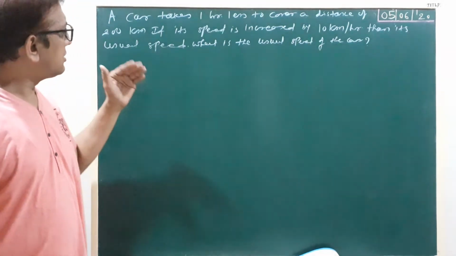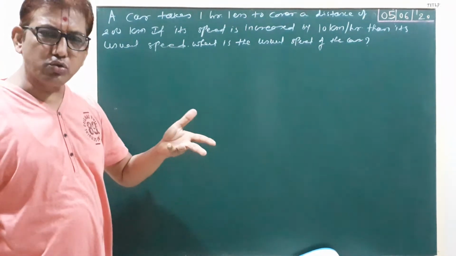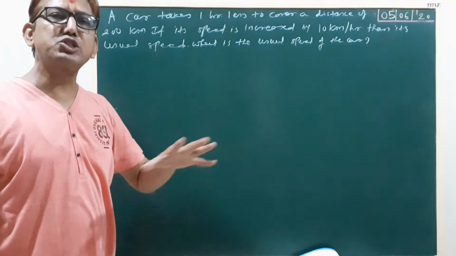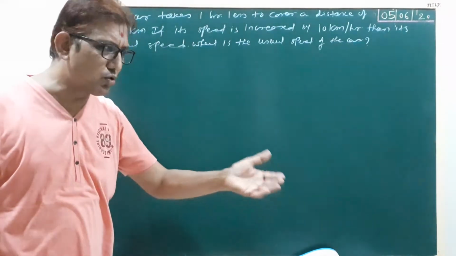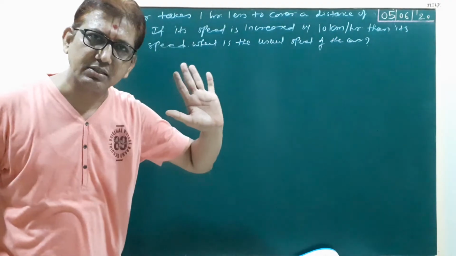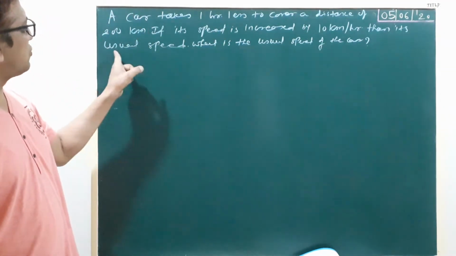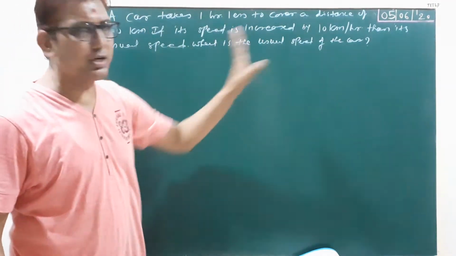If the car's speed is increased, the total time will be smaller, right? If the car's speed is decreased, then the total time increases. Clear? Okay, then what is the usual speed of the car?